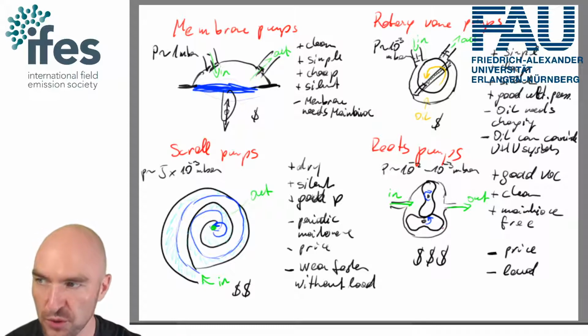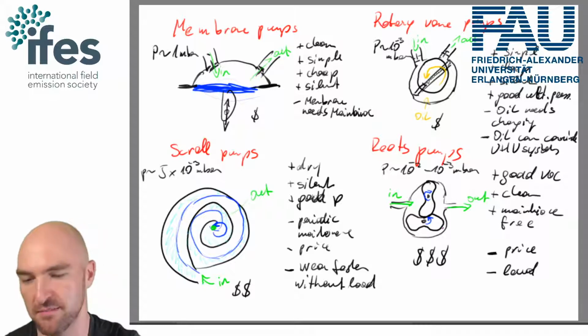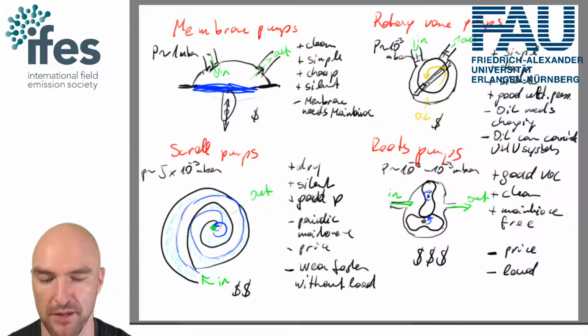If you use turbo pumps, modern turbo pumps very often have some compression stages that make it possible to use membrane pumps as backing pumps, and you don't lose a lot of vacuum performance. So these days membrane pumps are not a bad choice.